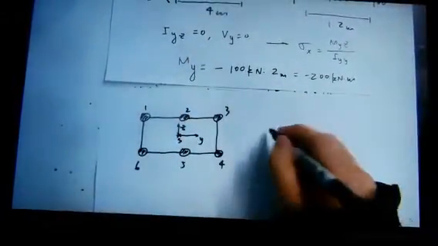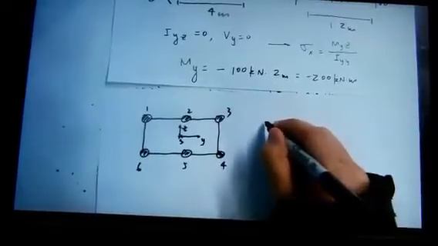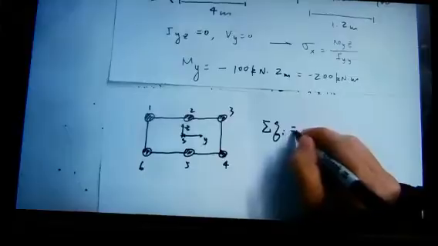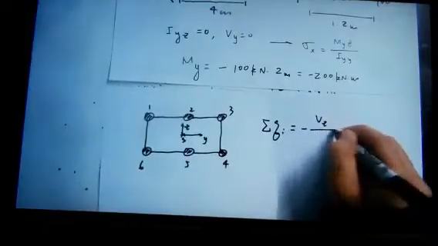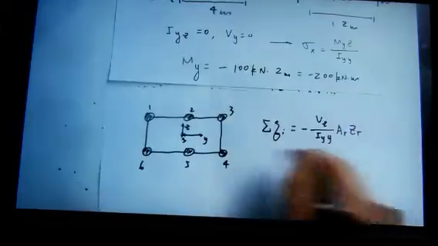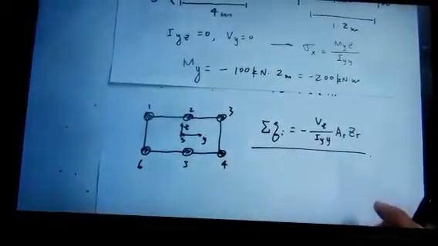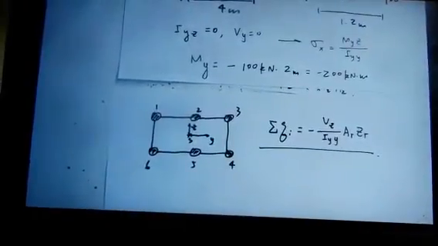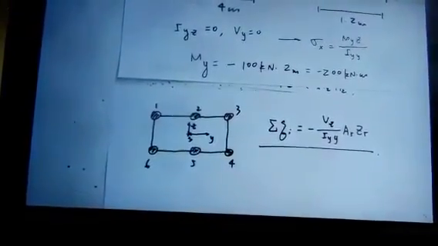And the formula, again, we can use is q equals to minus Vz over Iyy times the sum of A r z r. When the cross-section is symmetric, when you only have shear force along the Z direction, this is the formula for us to calculate the shear flow in the skin.